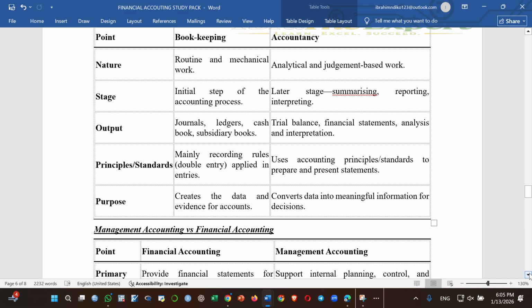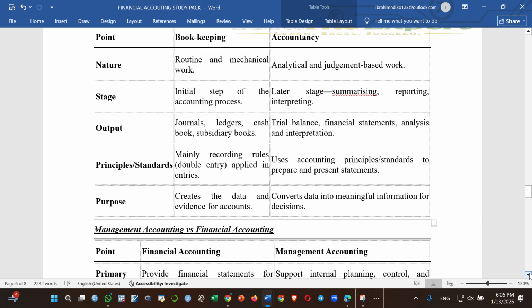Whenever we do a sale or we pay something, we record. It's a routine. Now accountancy is an analytical and judgmental work. It is based on the routine work. So accountancy deals with judgment.